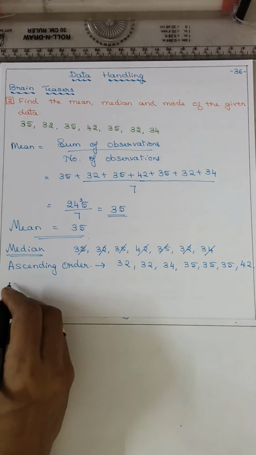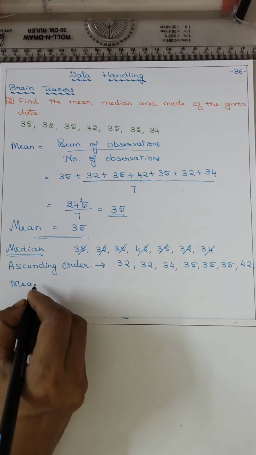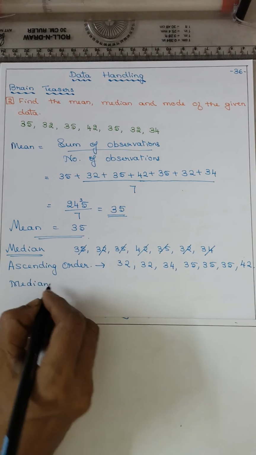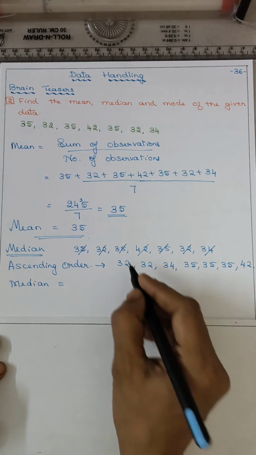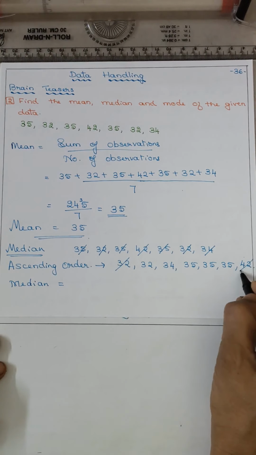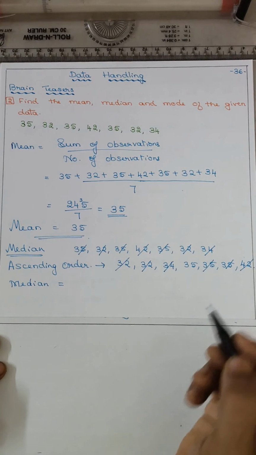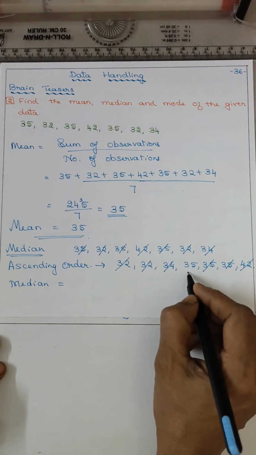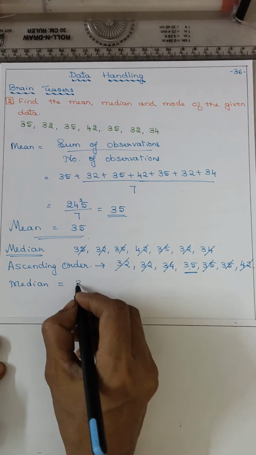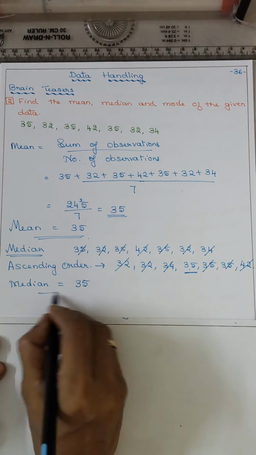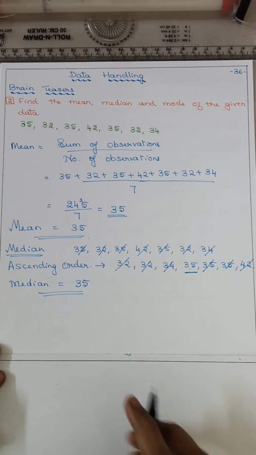Now for median, how we will be writing? Extreme left, extreme right, cancel like that. So what is remaining? That is 35. So median also you got 35.